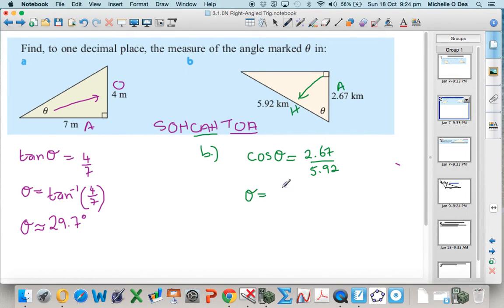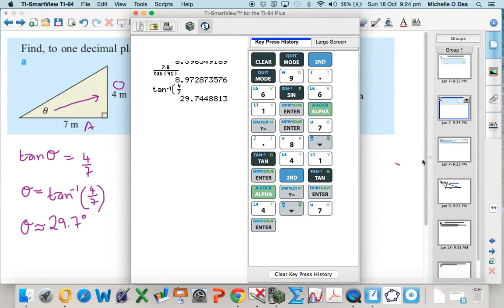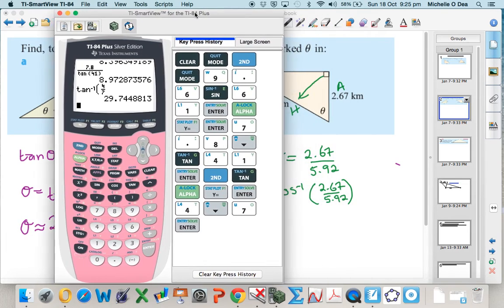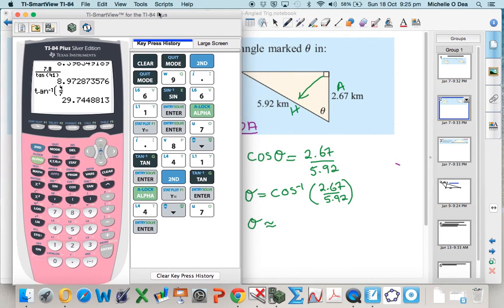Again, we're finding theta, so we have to do the inverse of cos. And so we do cos inverse of 2.67 over the hypotenuse. Good idea not to put that into your calculator and start rounding that, otherwise your answer won't be very accurate. So you always round in the very last step of your working out. Never round halfway through, otherwise you lose accuracy.